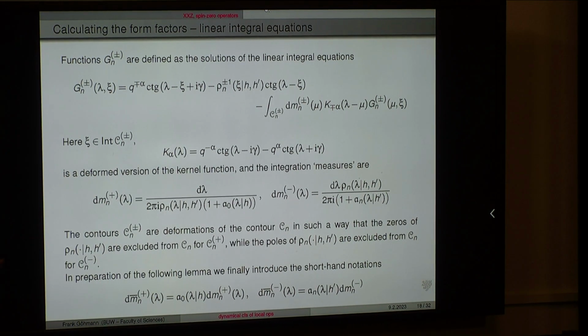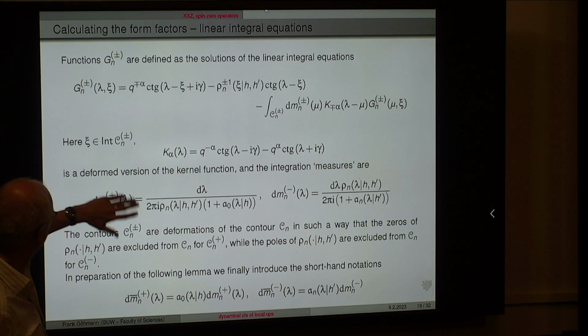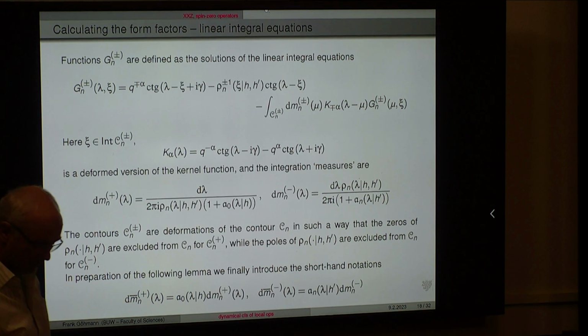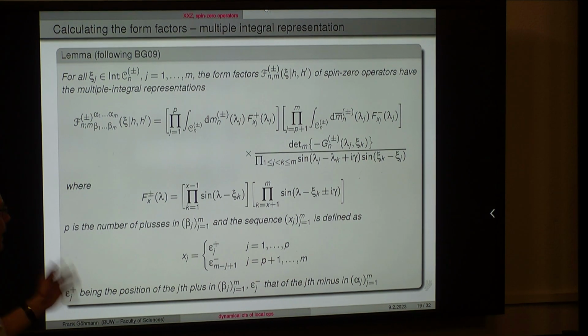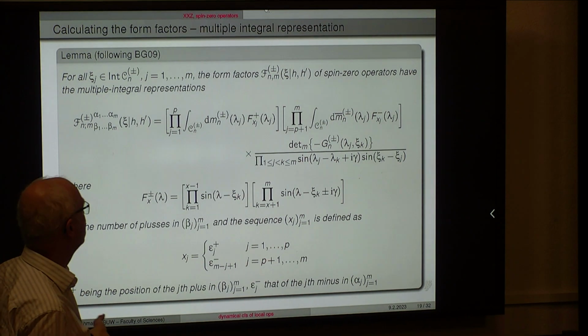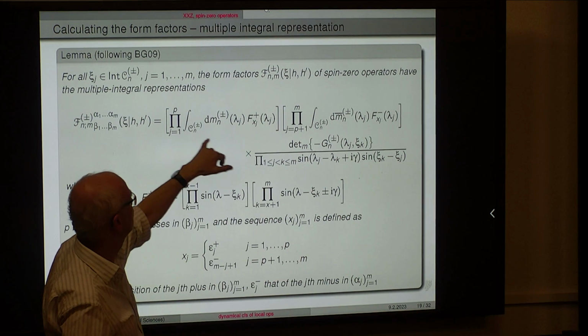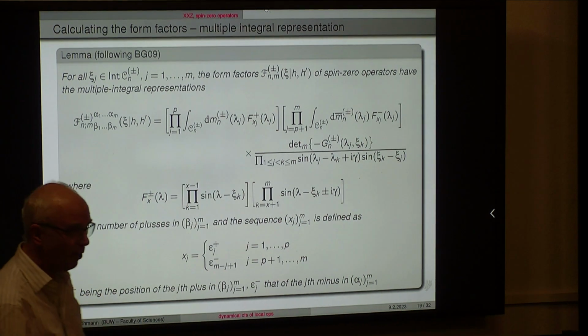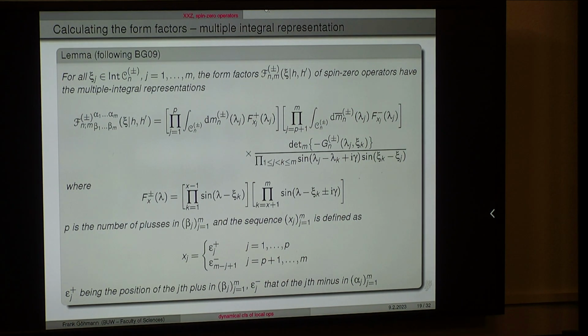Anyway, so then you can, except for this measure m, define some conjugate measure m bar, and you can write down a multiple integral representation for that. The interesting thing is it looks exactly like the one for the reduced density matrix, except that everything is deformed. The contours are deformed, the measure is deformed, but formally, if you replace the letters by others, it's the same expression.